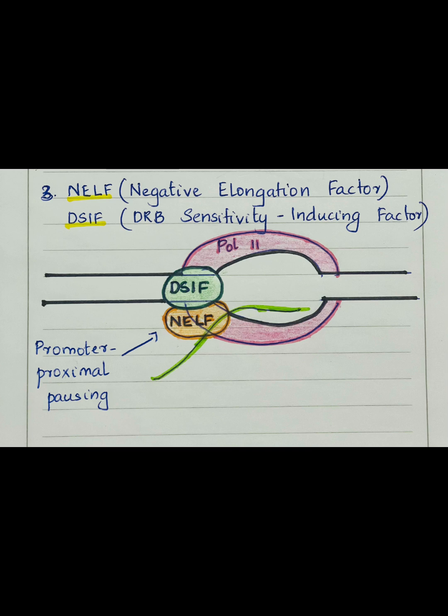This pause is stabilized by factors such as negative elongation factor and DRB sensitivity inducing factor which bind to RNA polymerase II. This pausing allows proper capping of mRNA and recruitment of elongation factors. The post-transcriptional modifications will be discussed in detail in the upcoming videos.